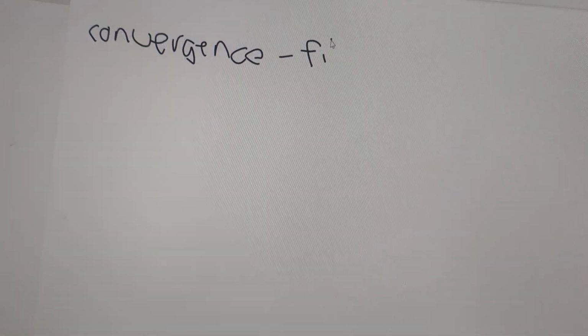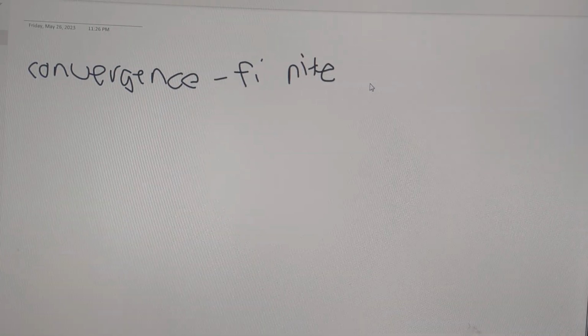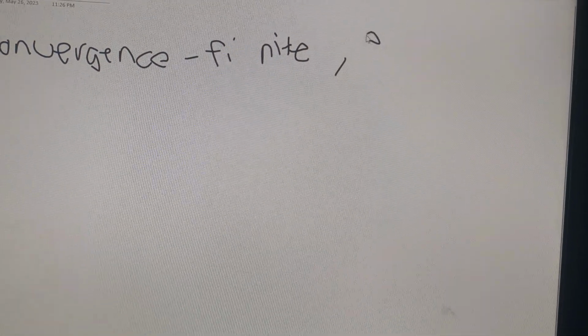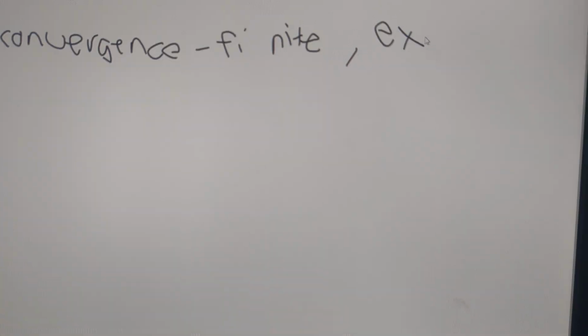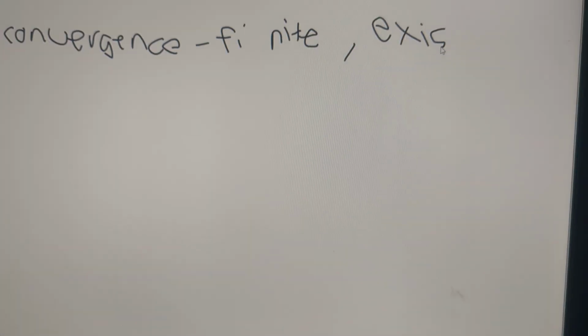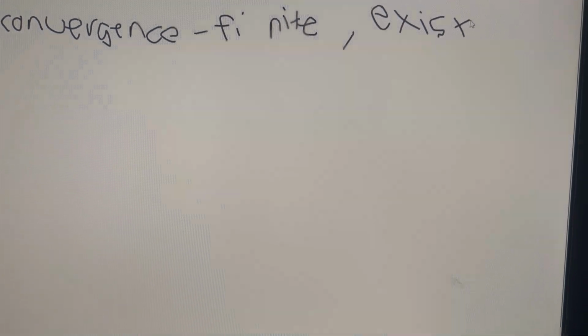Let's review it. As we all know, convergence is when, of course, a term is finite and exists, right? And I apologize for my bad handwriting as I am drawing with a mouse on my computer. Not exactly the greatest idea.